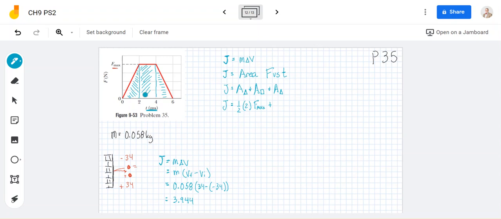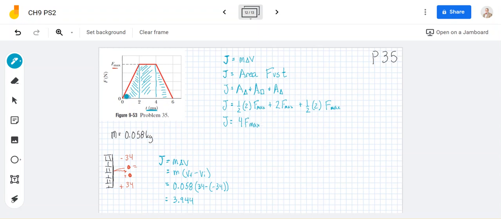It's base times height, so 2 times F max. Plus, I have another 1/2 base times height. So we're going to calculate that. 1/2 of 2 is 1, so I have 1 F max, 2 more, and then 1. So there's a total of 4 F max.